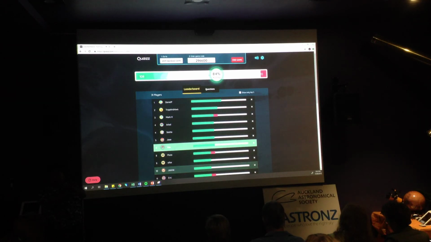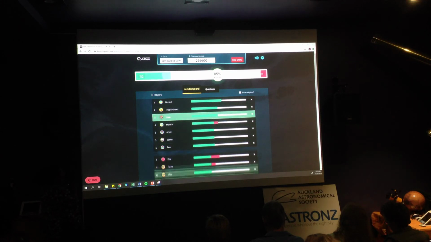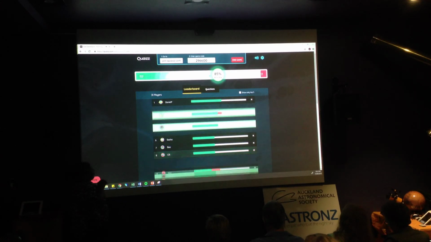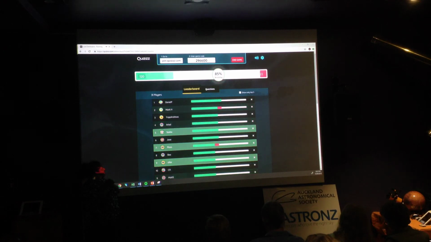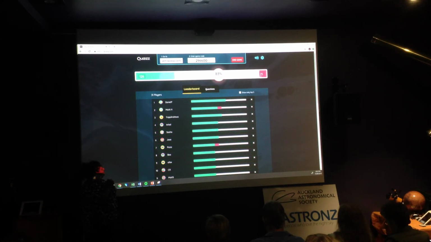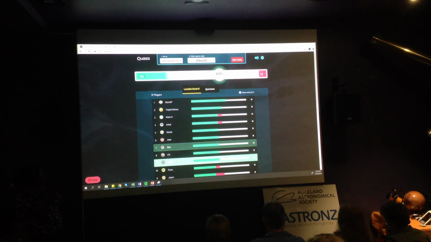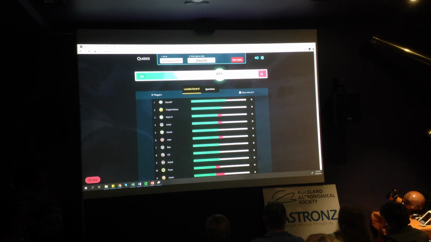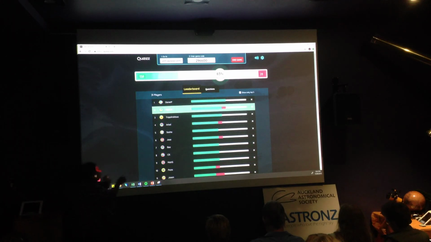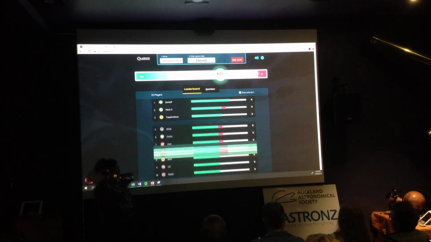Dennis seems to be doing quite well, leading the board, along with Trip Andrews. We've got some people that haven't got many mistakes. Every time you get something wrong, it shows up with the red bar. Everything you get right comes up with the green.